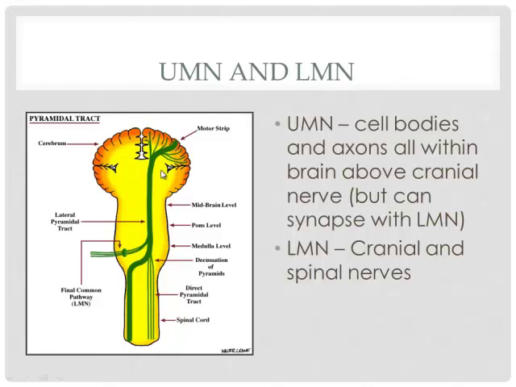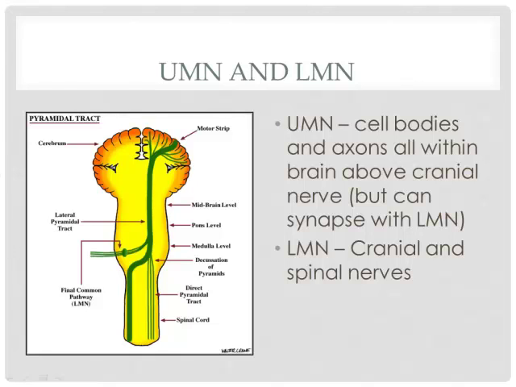The upper motor neurons way up here are the ones that carry information from the brain that controls muscles of the body. And then the lower motor neurons carry information that's passed from the upper motor neuron outward to the periphery. So what does this all mean?